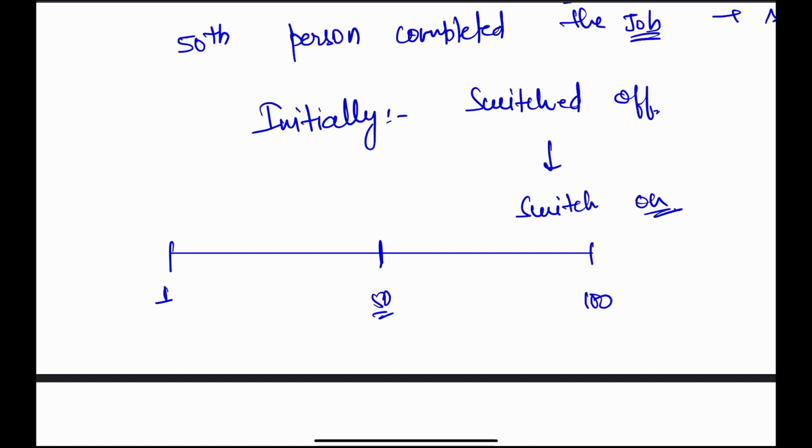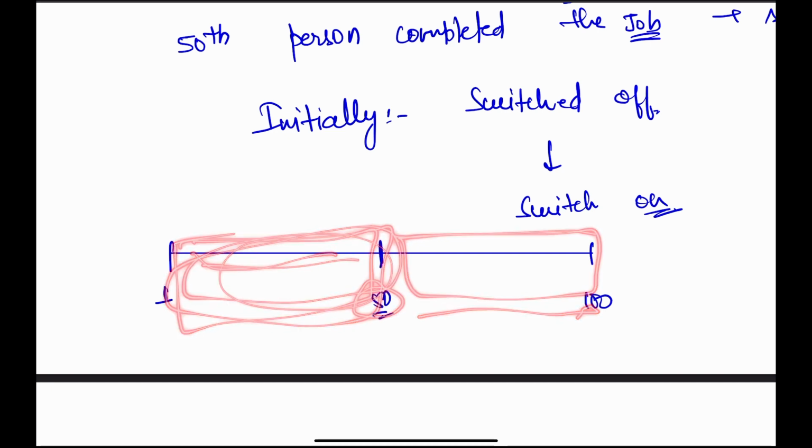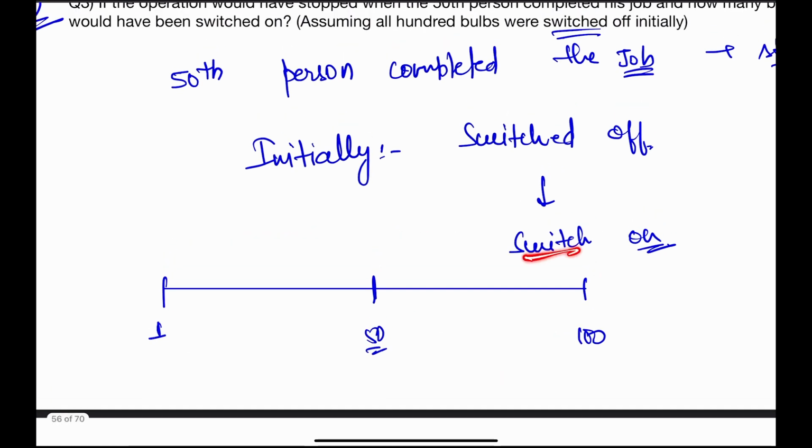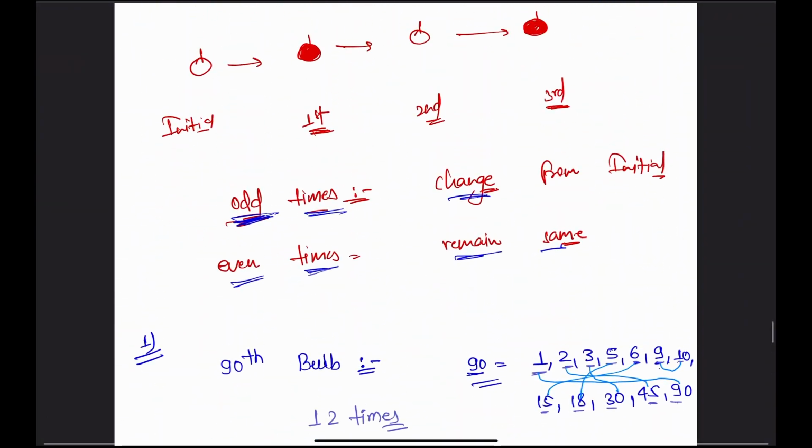So what I can say is, till the 50th person everything has gone normally, but after the 50th I'm not sure what is going to happen. The question is switched off to switched on, which means only one thing: change.